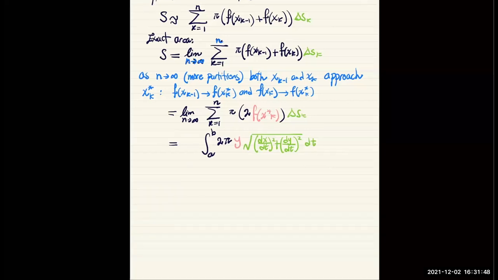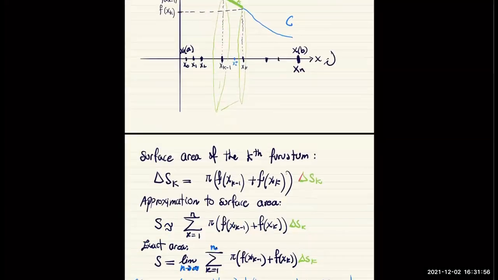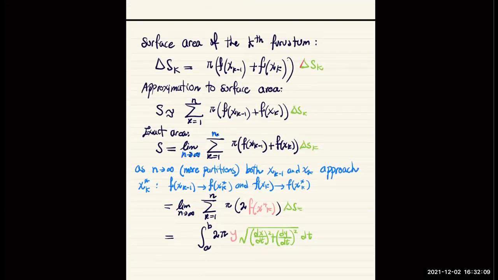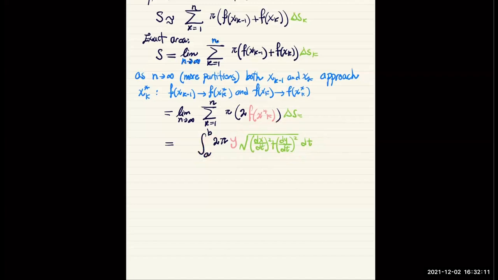You can remember it that way. All right. Now, this is when C revolves around the x-axis. If C revolves around the x-axis, then the radius is y. But if C revolves around the y-axis, can you tell me how this formula should be modified? Anyone?